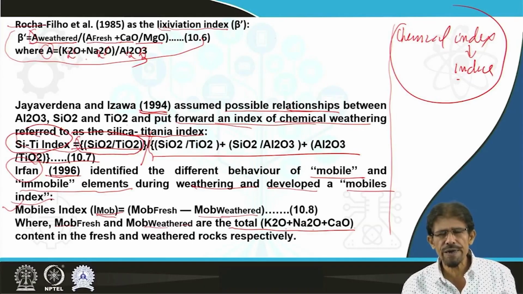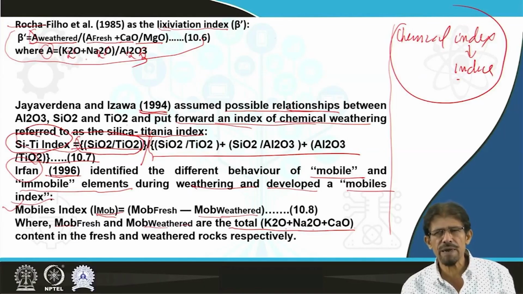Without entering into any destructive work or any testing work, on the basis of chemical composition we are able to estimate the weathering potential of rock, or weathering susceptibility of rock, under the term weatherability of rock.